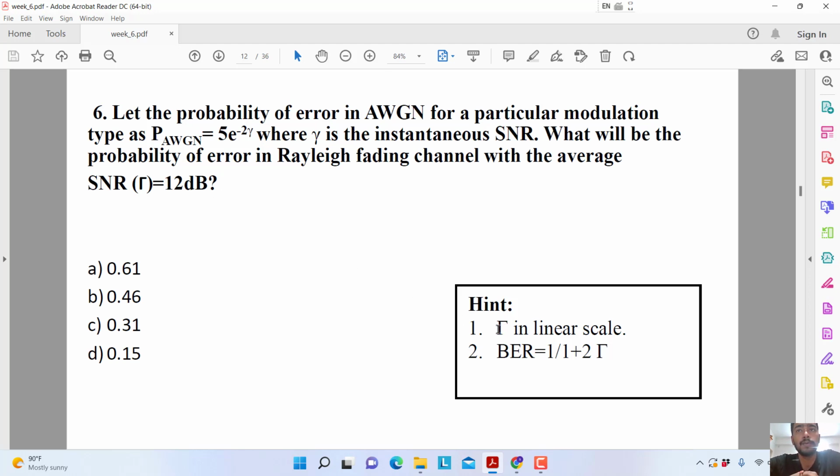Convert it to a linear scale, and from there you will find the BER, because this formula is already derived for the Rayleigh fading channel. Try this. Let me know which option is correct.